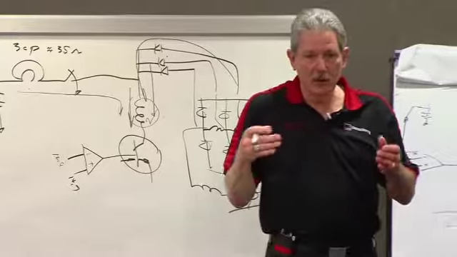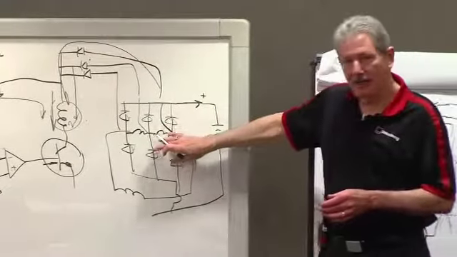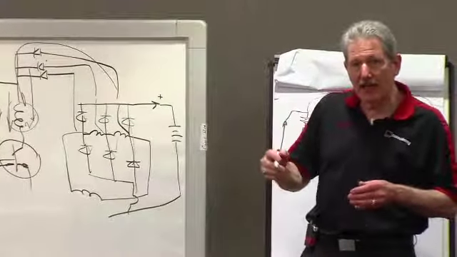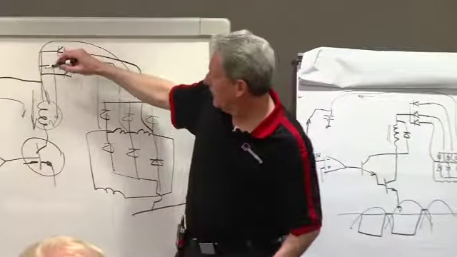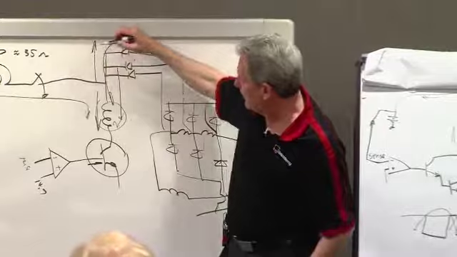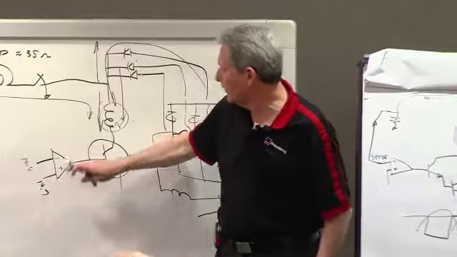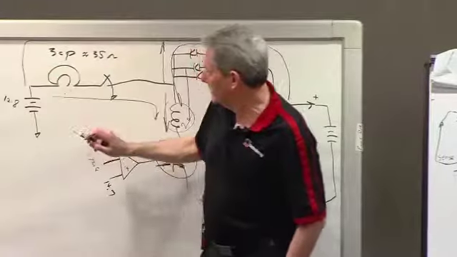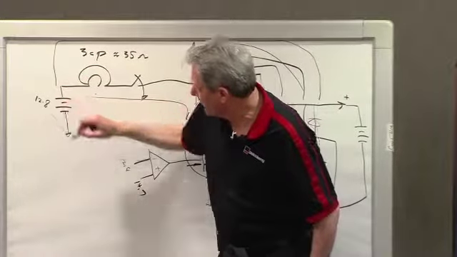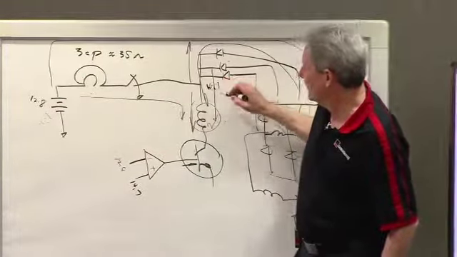That is no rotation. But as soon as the alternator begins rotating and turns on by all these forward biasing, now this voltage goes all the way up to the charge voltage, which is 14.7. And remember, I've got this long lead back over here. So this is 14.7. This is 14.7.